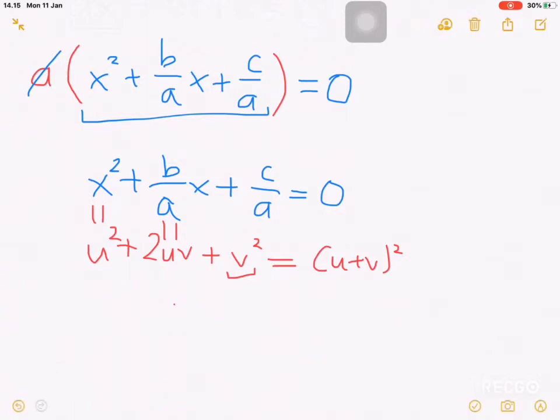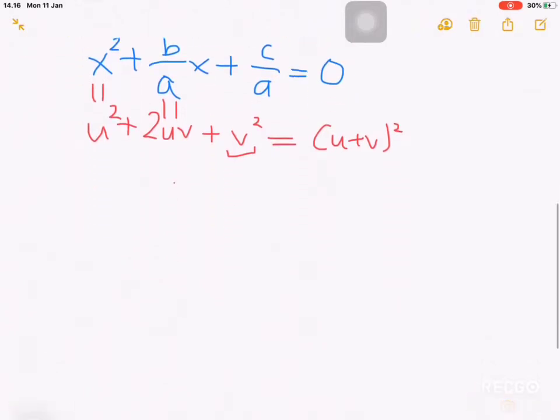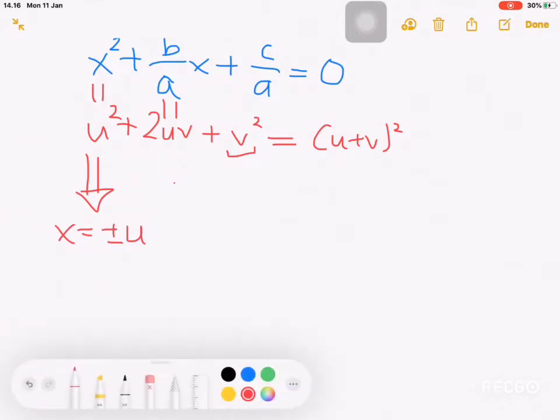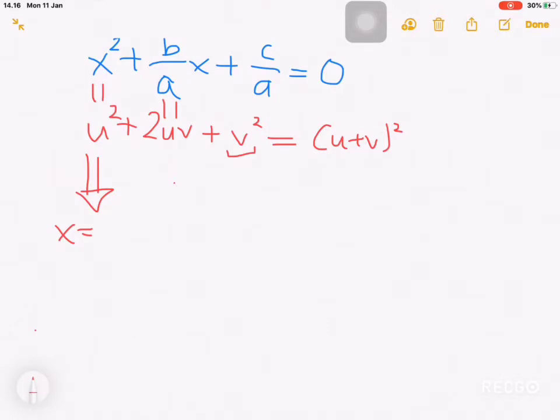Alright, let's see. From the first equation, after taking the square root of both sides, we can get that x is equal to plus or minus u. But in this case we don't really need the plus or minus sign, and you may test it, and it doesn't really matter.